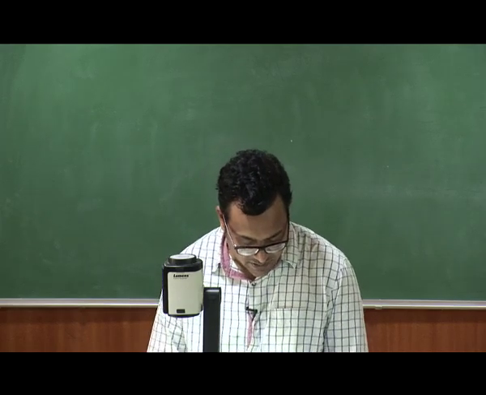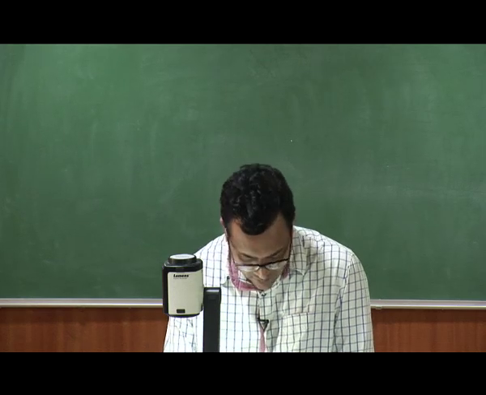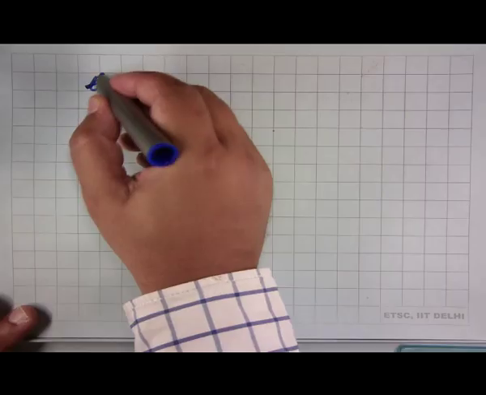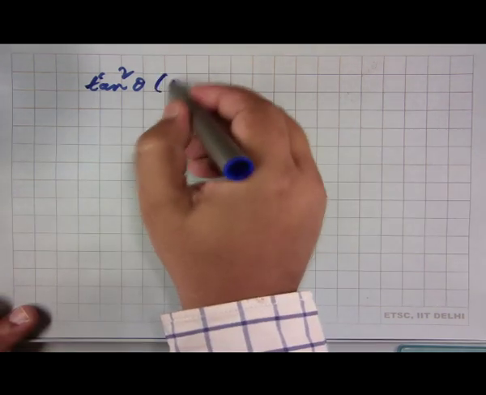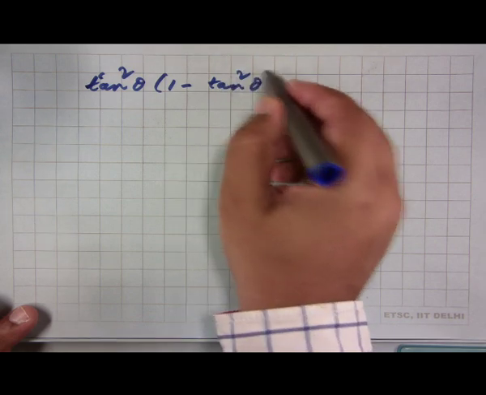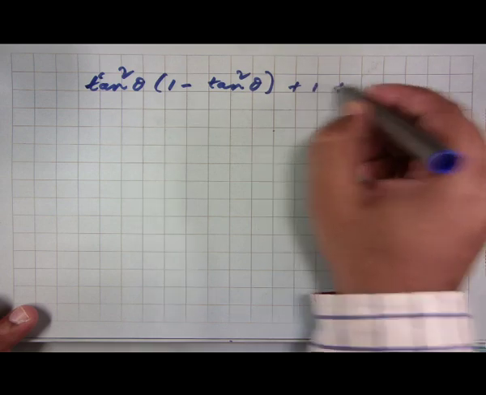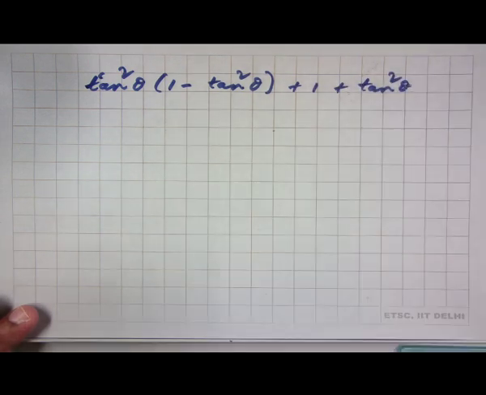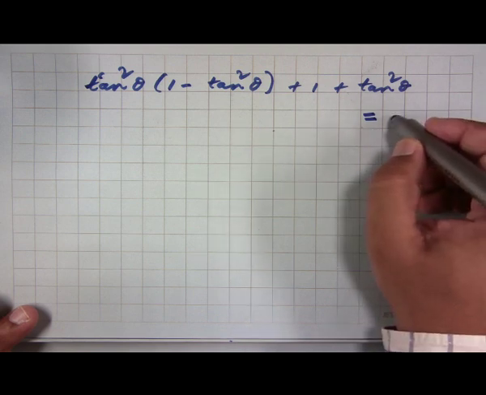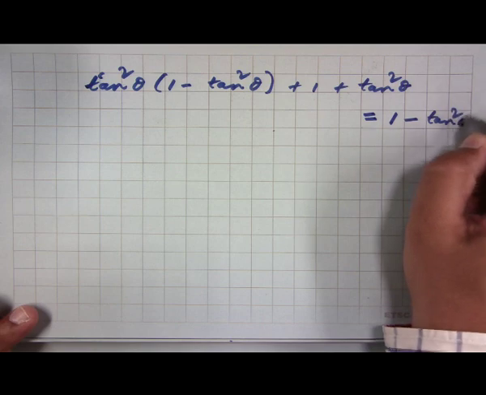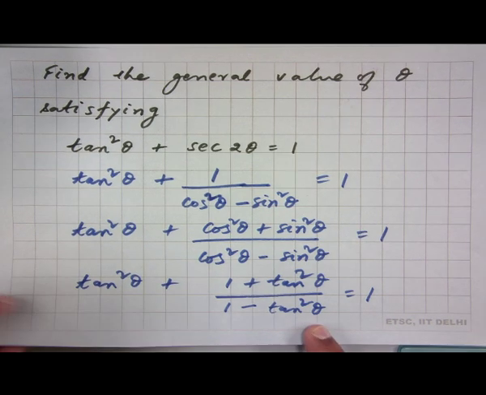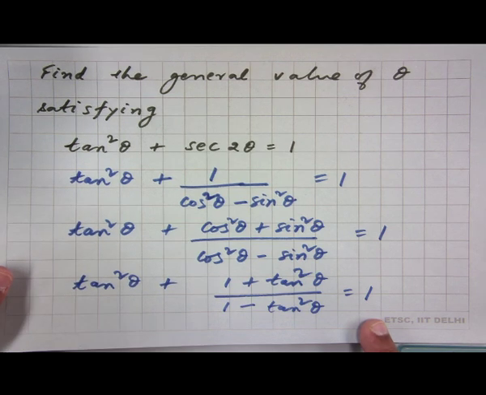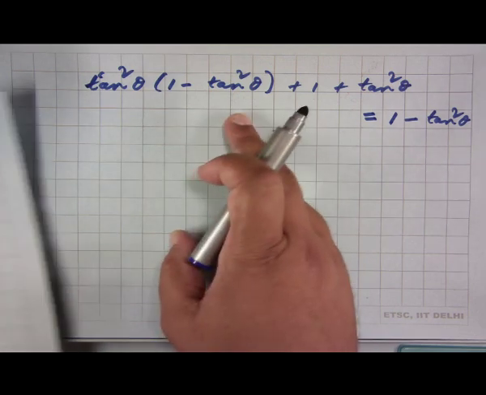Eventually we get tan square theta times 1 minus tan square theta plus 1 plus tan square theta equals 1 minus tan square theta. Essentially, in this equation you multiply both the left hand side and the right hand side by 1 minus tan square theta, and this is what you end up getting.